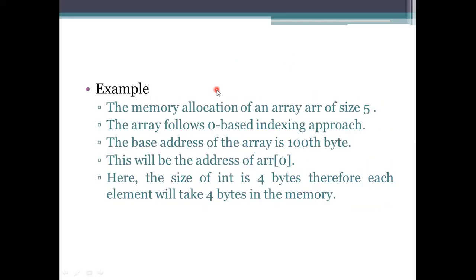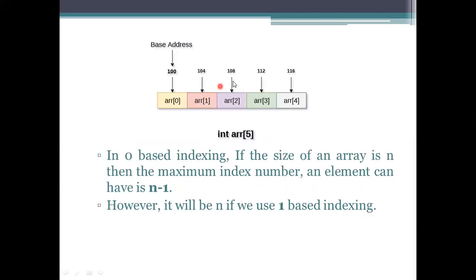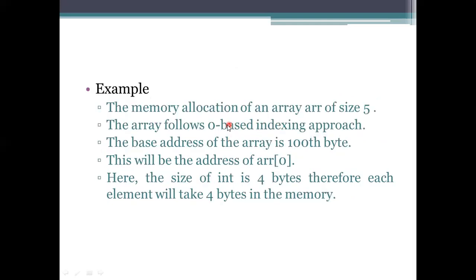Coming to how we are going to store the element series. As I said, we are taking integers here. So consider the starting address, the base address, and we are starting with the 0-based indexing approach, and the base address of the array has been taken as the 100th byte. So we started the first element at the 100th byte here, and the elements to be inserted will be 5.